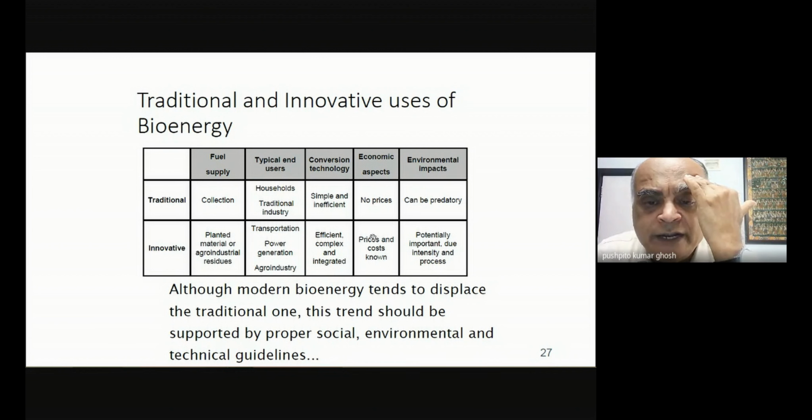But if you go and tell those guys, hey, I want to pick up your biomass, will you give it to me? The guy will not give it to you for free. At that time, otherwise he might have said, ha, leke jao. The moment he sees that these guys are doing something useful and they're going to make money out of it, he'll start charging you. Okay? So then there will be a price.